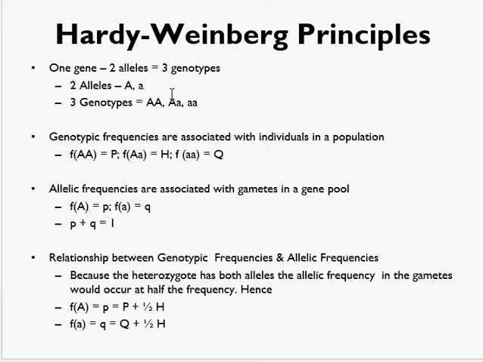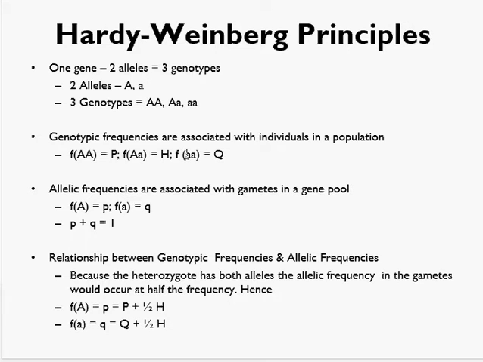The higher the proportion of individuals with this heterozygous genotype, the greater the genetic variation in the population. Alright, so genotypic frequencies are associated with individuals in a population. The frequency of AA can be denoted as P, the frequency of the heterozygote is H, and the frequency of the homozygous small a is Q.